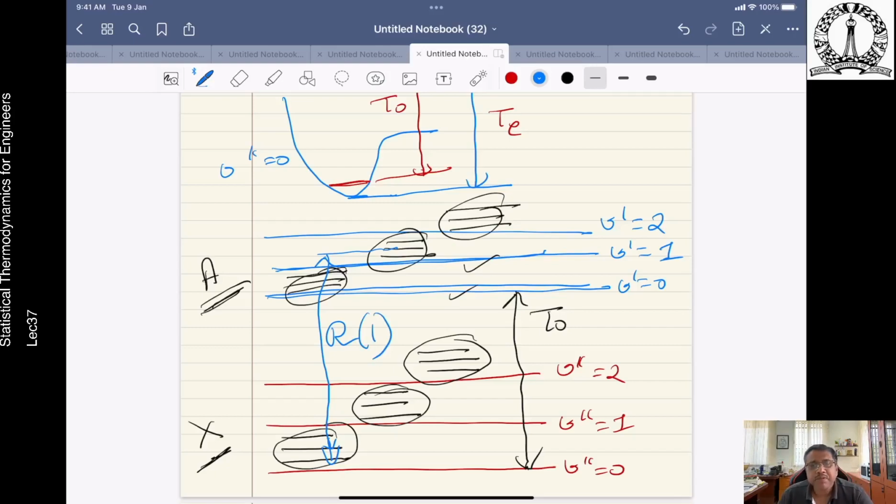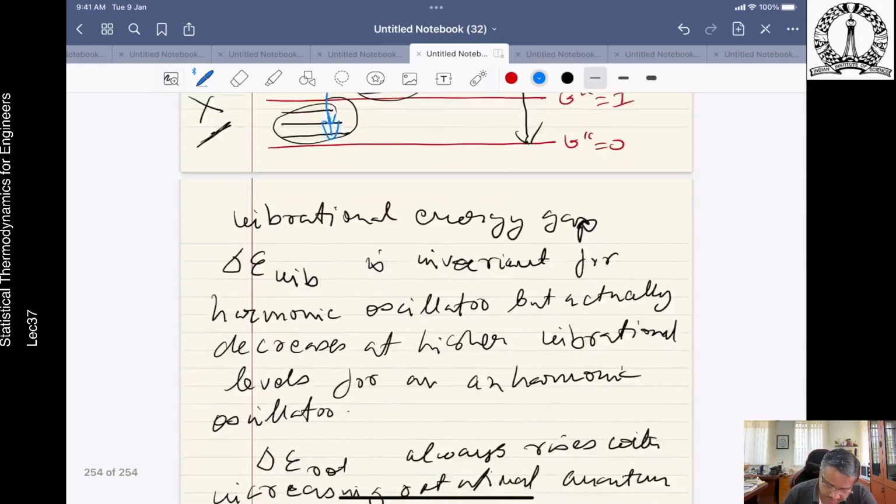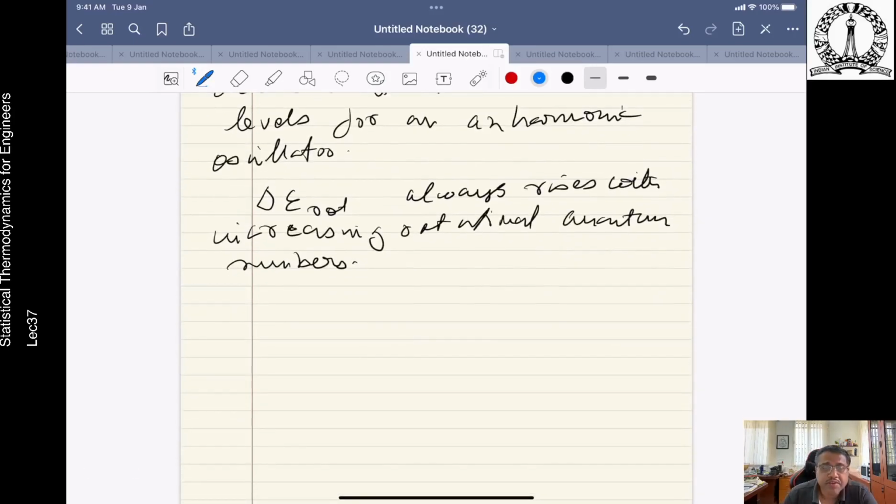This is one sample transition. And we also note here that delta E rotation is less than delta E vibration, and this is definitely less than delta E electronic.